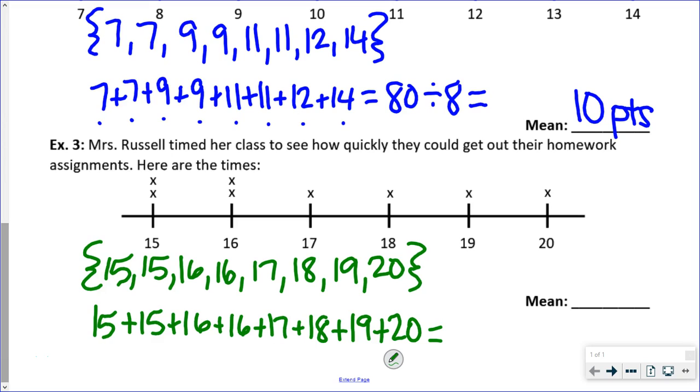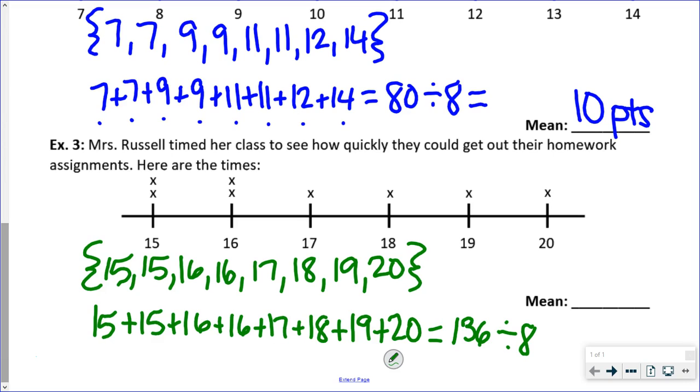The answer to adding all of these up is 136. Now what that represents is 136 total seconds that were spent in these trials. That is split between 8 times that she timed them to see how well they would do.